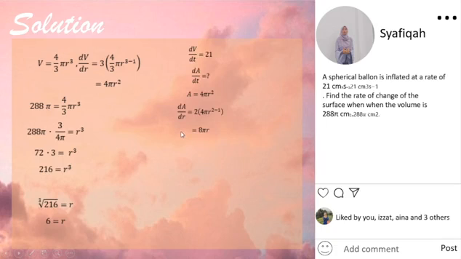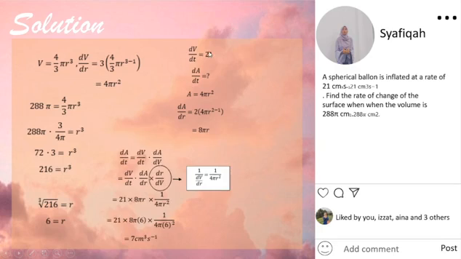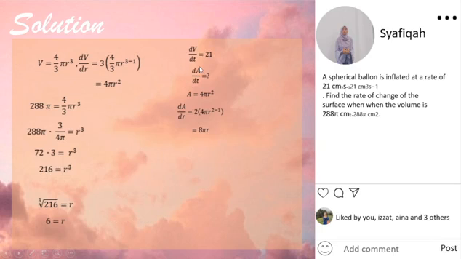Next, a spherical balloon is inflated at a rate of 21 cm³ per second. So we have dV over dt equal to 21. In the question, we need to find the rate of change of surface area, so we need to find dA over dt.